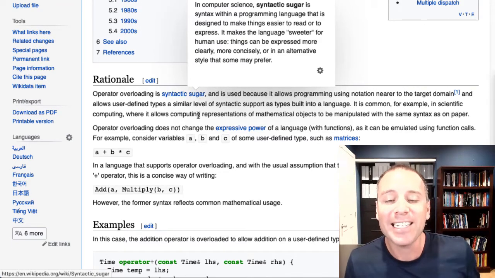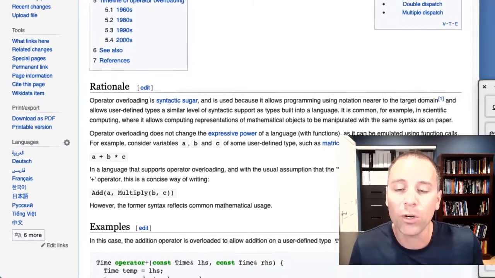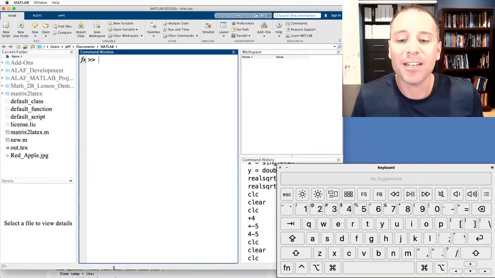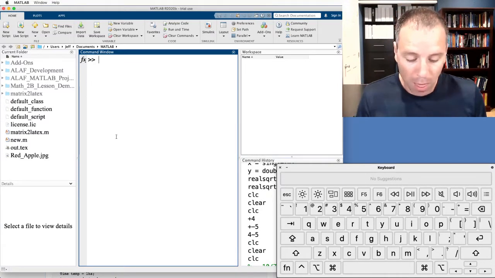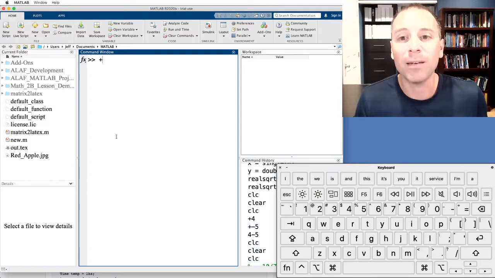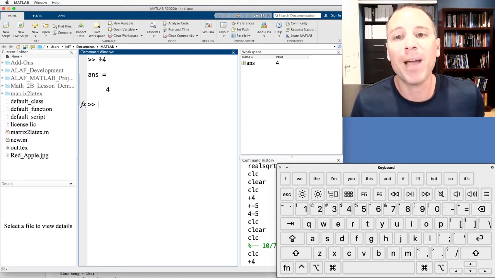The basic idea here is that when we're typing programming symbols into a computer, the symbols have meaning that is going to be executed by our language. So for example, in MATLAB, the plus sign has meaning. If I put +4, that's what we call a unary positive because it expects one input, it expects one number, and on the left it's saying, I want this to be interpreted as a positive number.